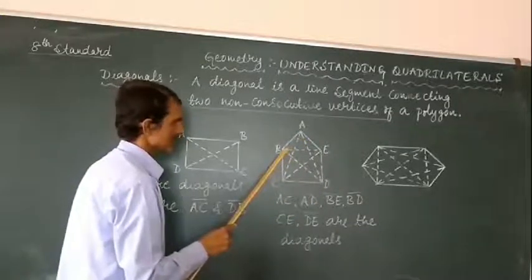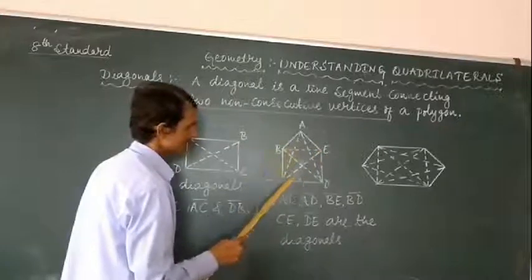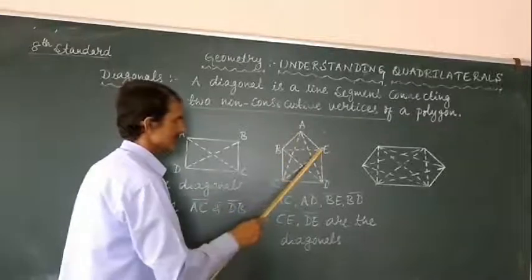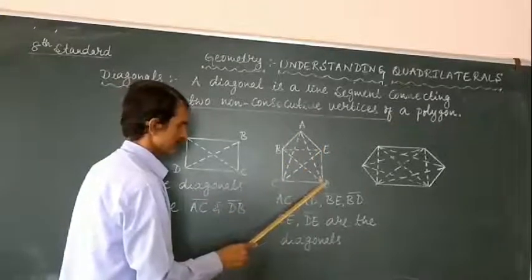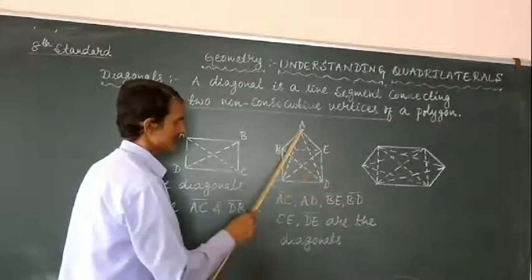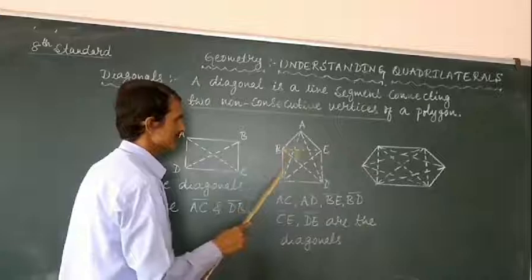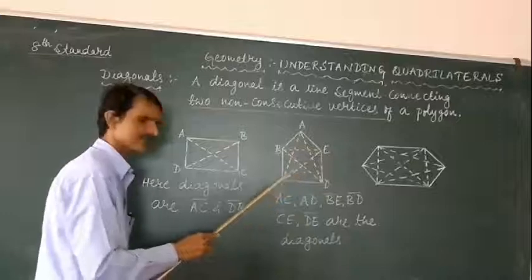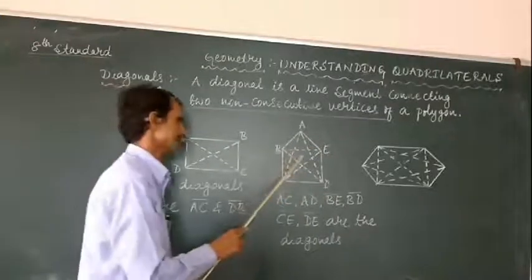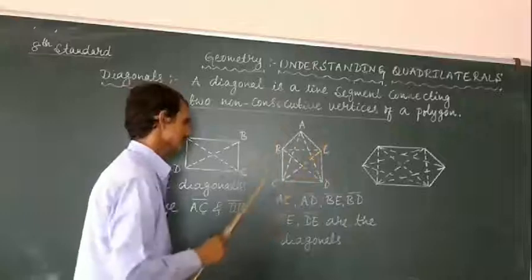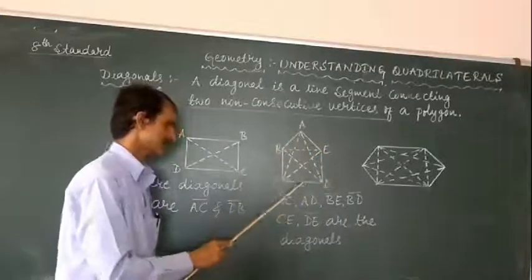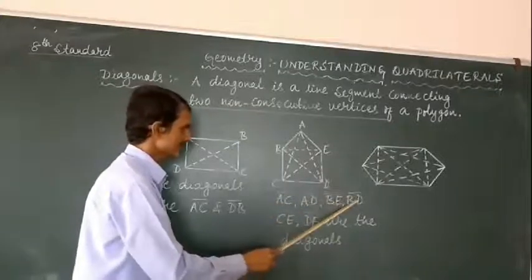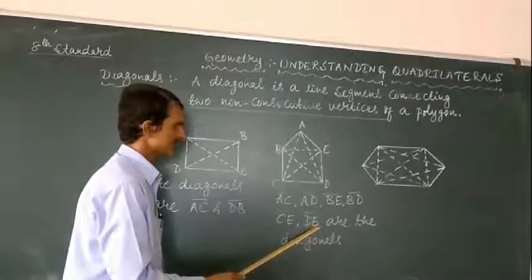Similarly, B to E, B to D. Similarly, C to A, C to E, and the same way D to B, D to A, E to D, E to C. These are all called the diagonals.